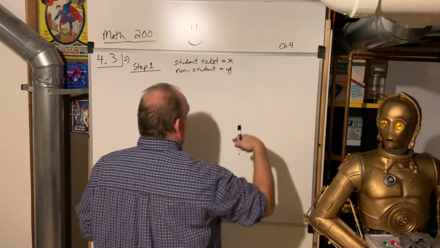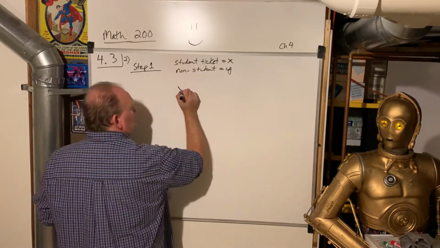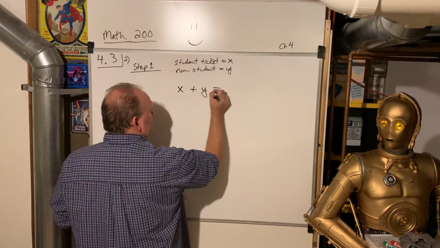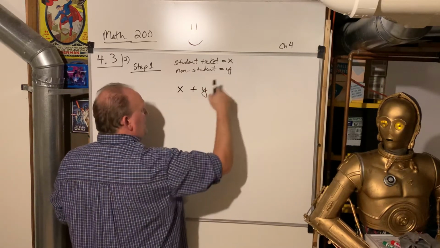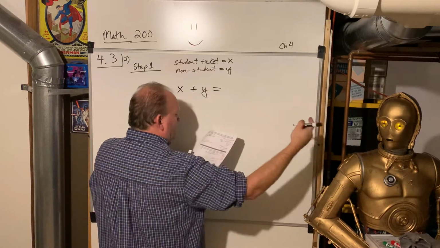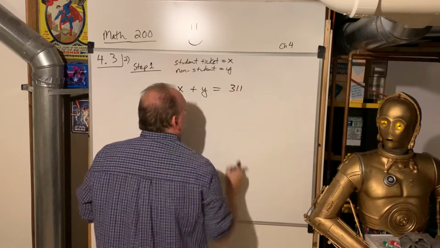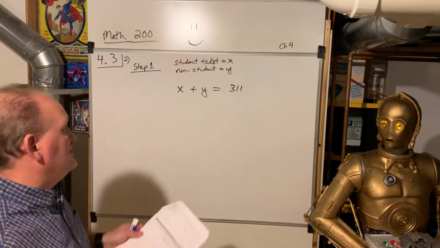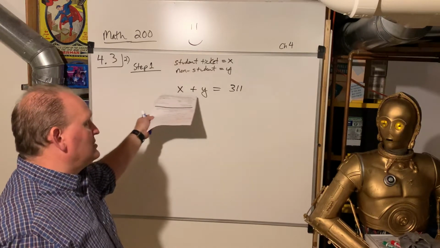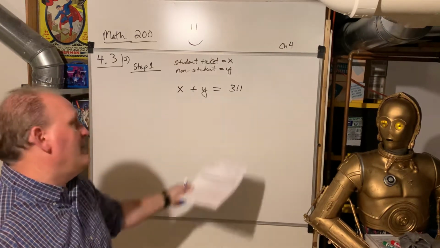Now, when you have mixture problems, this is always your first equation. Like that plus that equals the total amount, in this case 311. What I did was when I set up the problem, I circumvented this step.